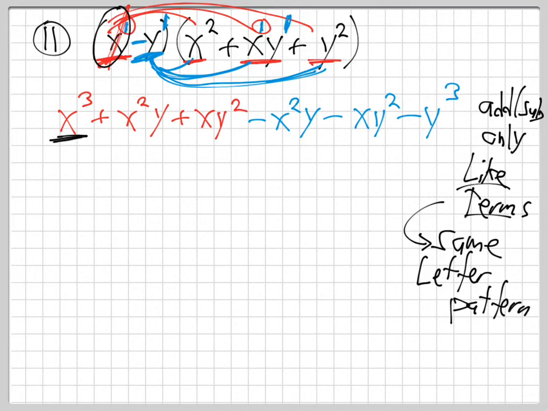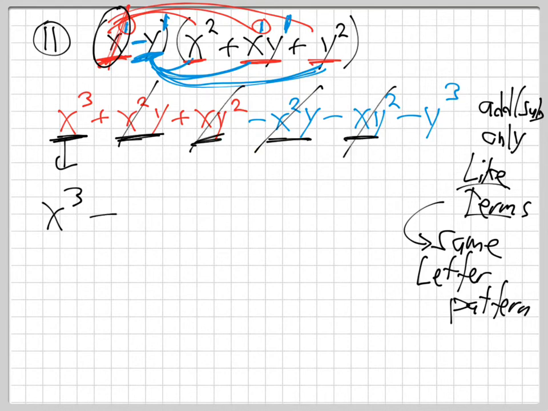So x cubed, is there anybody else that has that exact letter pattern? No. So he's in a class by himself, x cubed. How about x squared y? Does anybody else have that exact same letter pattern? Yes, there is. This one, and they cancel, huh? How about xy squared? Does anybody else have that exact same? Yeah, and they cancel. Minus y cubed.